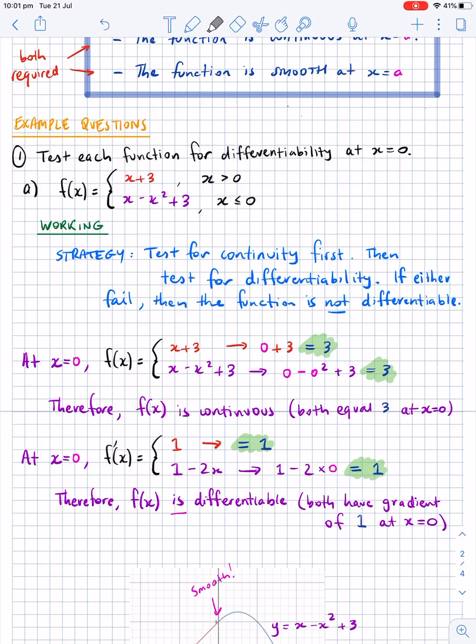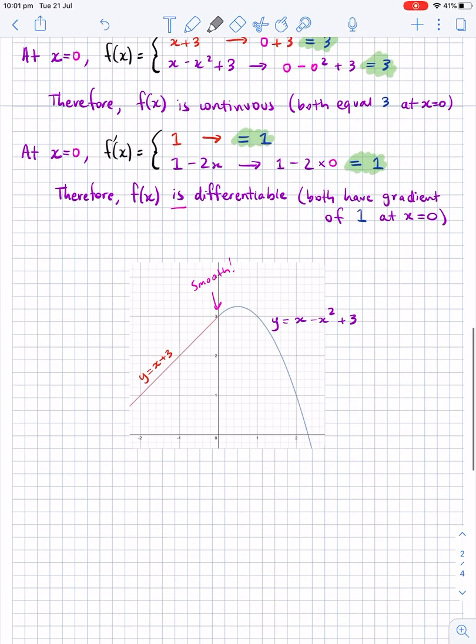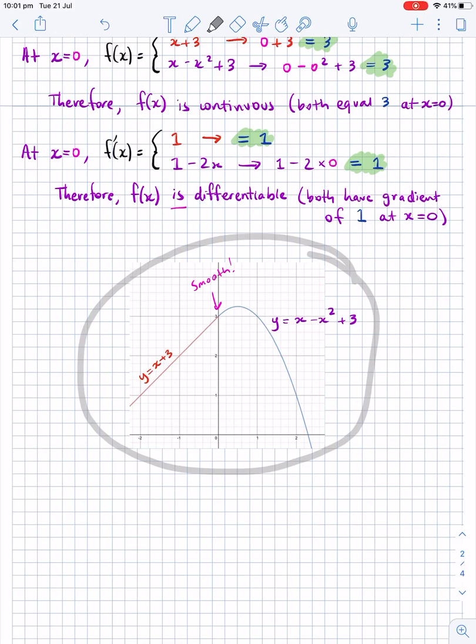So at x equals 0, if we put the value of 0 into both parts of the function, we get that this equals 3, and this also equals 3. So it means that this function is continuous. They join up at the same spot. I've put this into Desmos to show what the graph looks like.